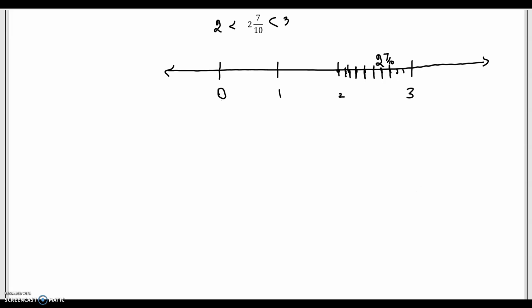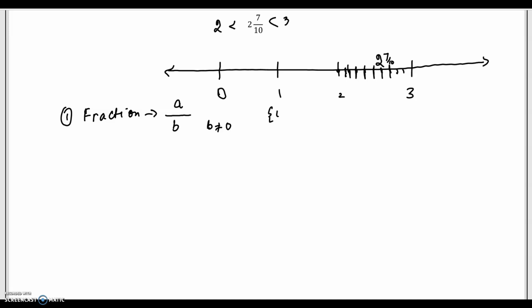So a quick review of the important things we learned in this particular section. One is, what is a fraction? A fraction is anything written in this form, a over b, where a and b are whole numbers and b, the denominator, cannot equal 0.